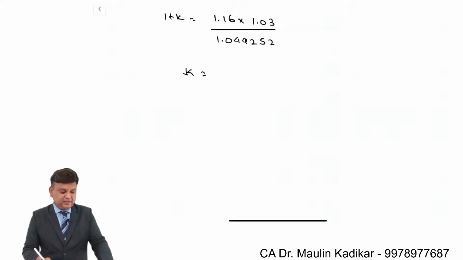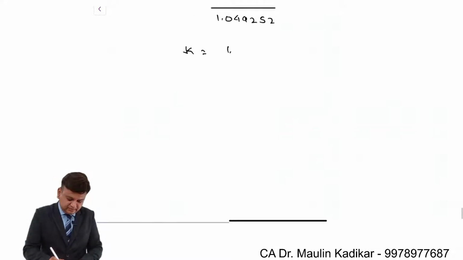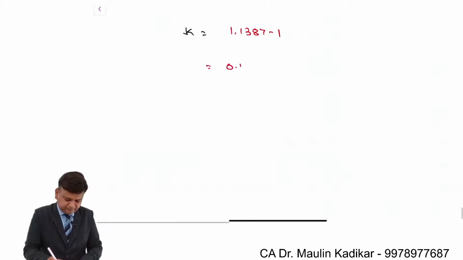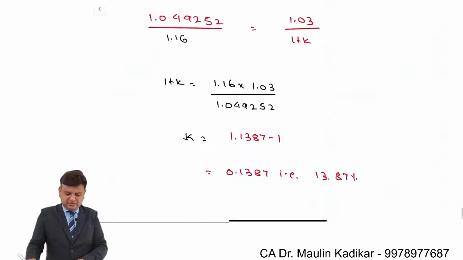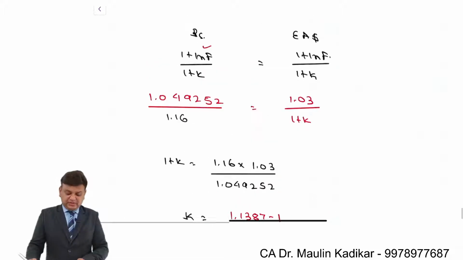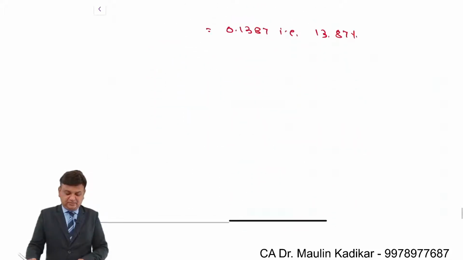So the cost of capital is 1.1387 once again, minus 1. So 0.1387, that is 13.87%. So using the inflation rate also this can be calculated.